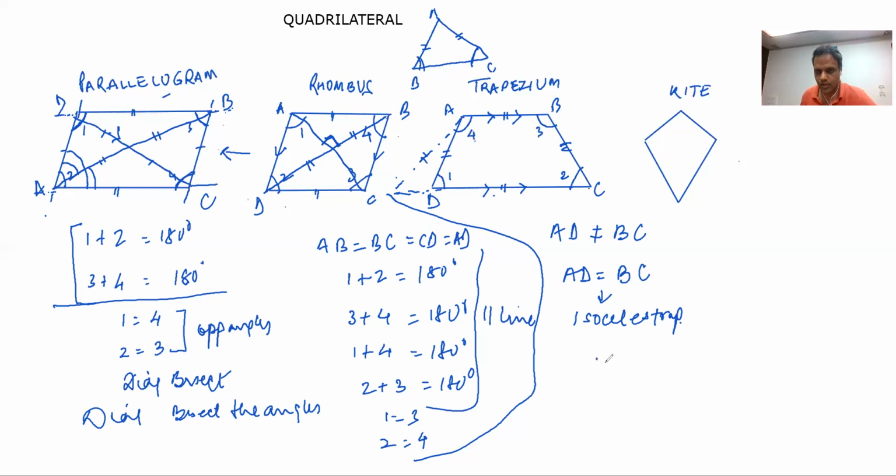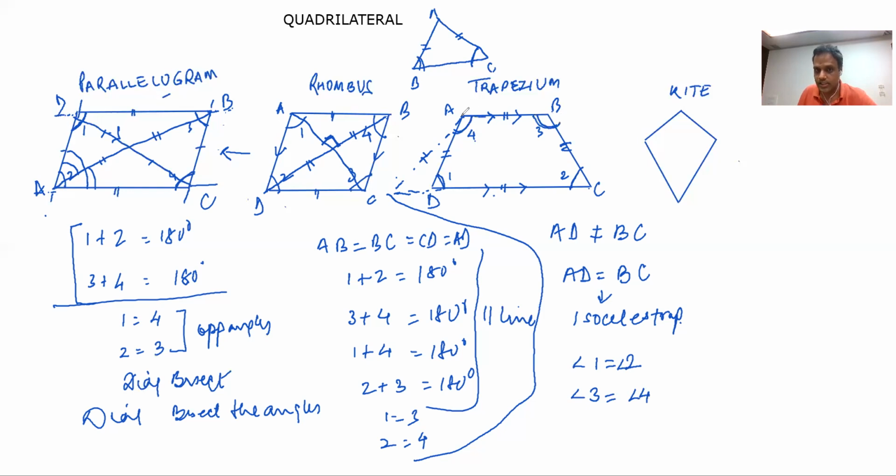So angle 1 is equal to angle 2, and angle 3 is equal to angle 4. This is what you have to remember: this angle is equal to this angle, and this angle is equal to this angle.